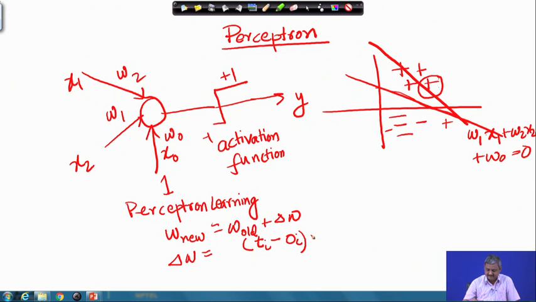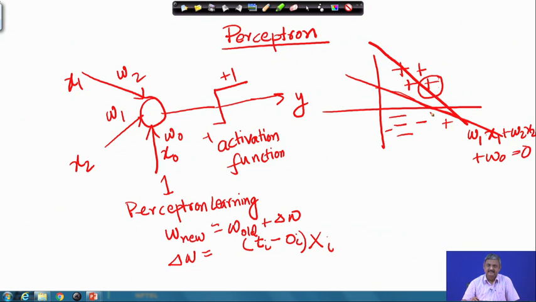Just multiply that by your xi, and this correction you go on making to W till all points are correctly classified. We can actually show that if the points from the two classes are linearly separable, this algorithm will indeed converge.